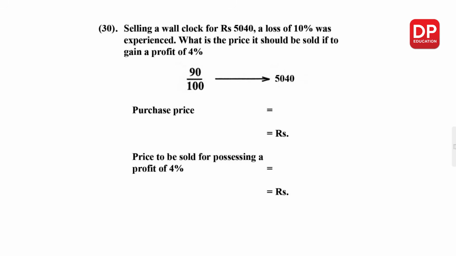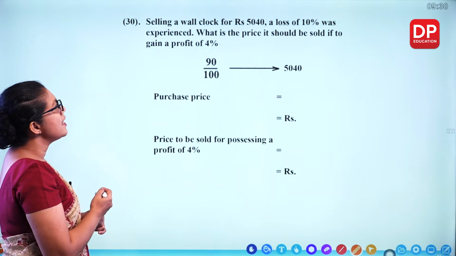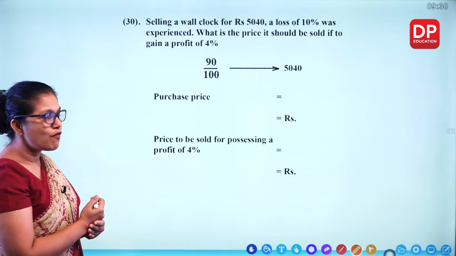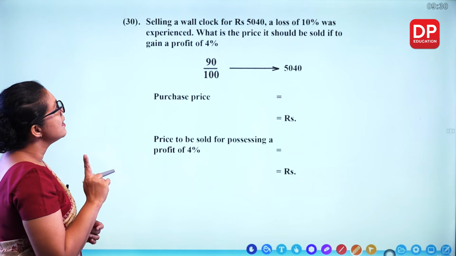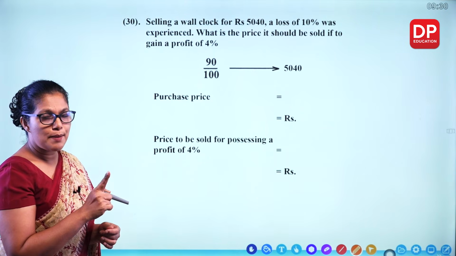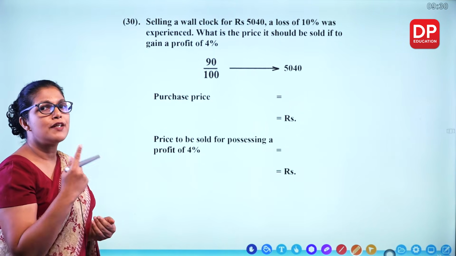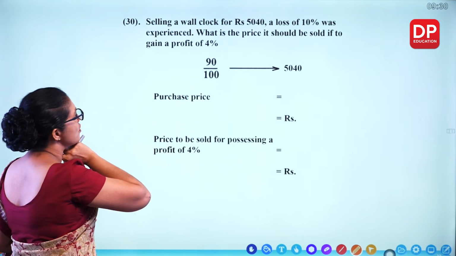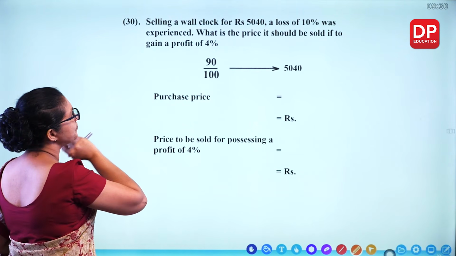Selling a wall clock for 5,040, a loss of 10% was experienced. What is the price it should be sold at to gain a profit of 4%? So what's the loss? 10%. So that means if you buy for 100, you have to sell it for 90. So 90 over 100 is 5,040. So what's the purchase price?